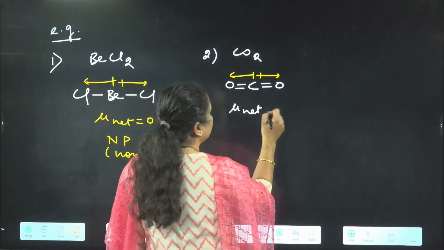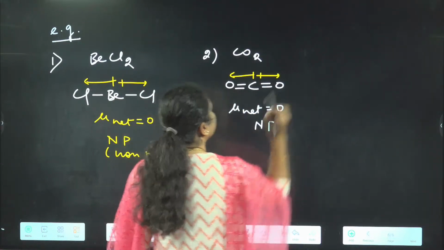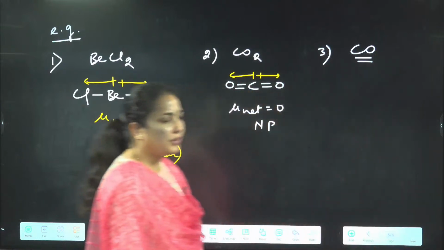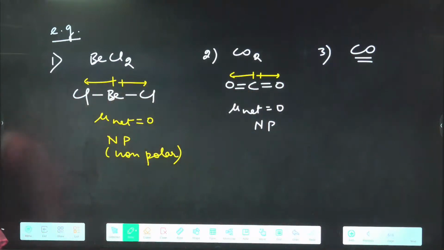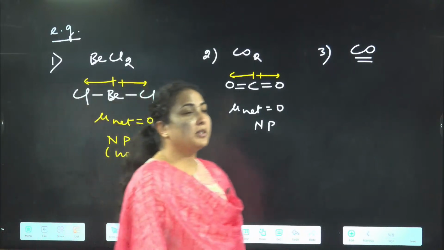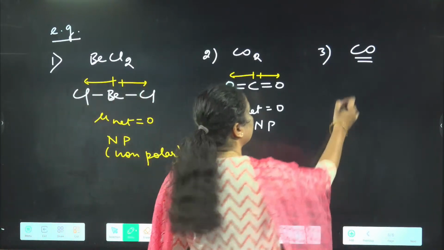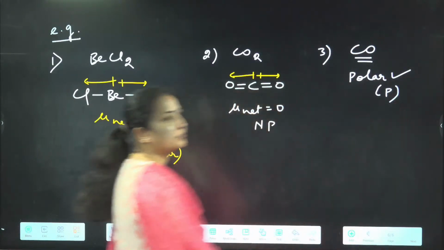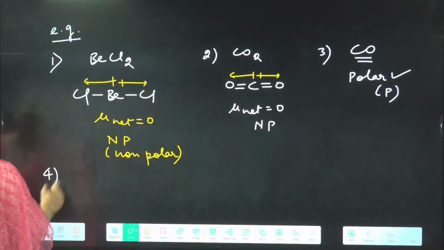So mu net is 0 here. It is going to be non-polar. Let us talk about CO. Do I need to even draw the structure of it? No. I know it is heteronuclear diatomic. There is an electronegativity difference, so this is going to be polar. Right?